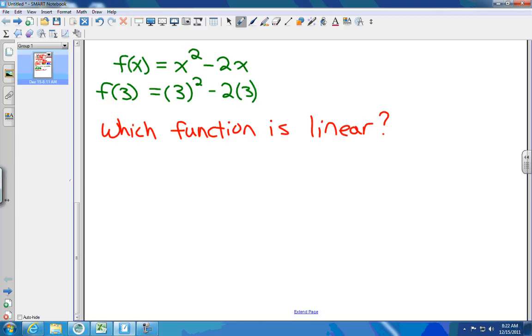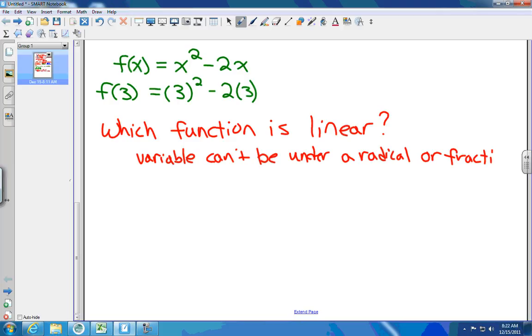Variable can't be in a radical, or what else? The denominator. So it can't be the bottom of the fraction, or it can't be under a radical. What do you say, Helios? Which is almost right, but it can't have any exponents other than what? 1, right.